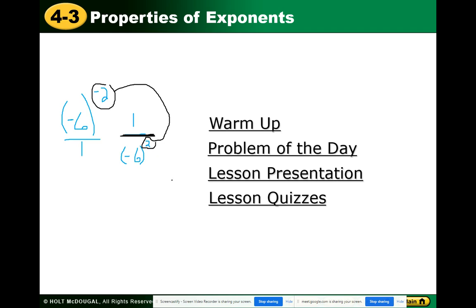Okay, so now I have a different question here. Let's see if we can go the other way, Daniel. So what if I have, let's just do 3 to the -2nd, and it's 1 to, how do I get this negative exponent to be positive, Daniel? What do you think I do?